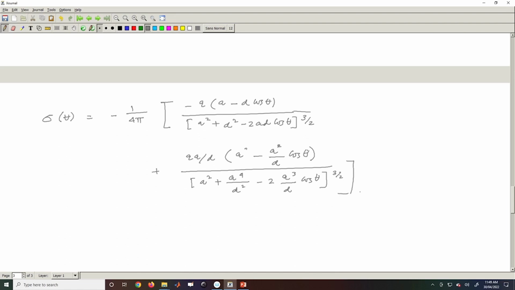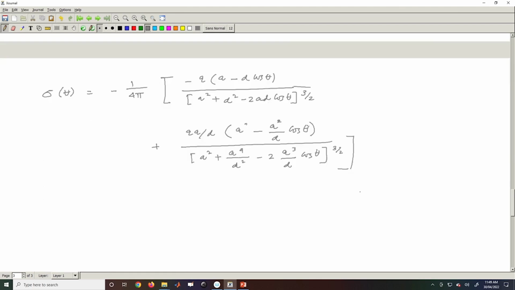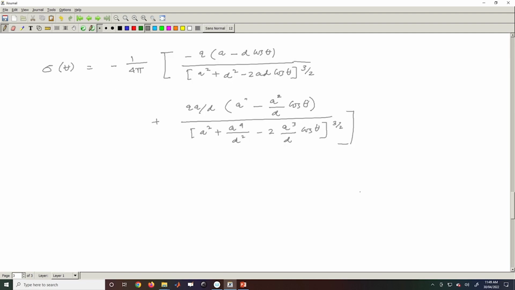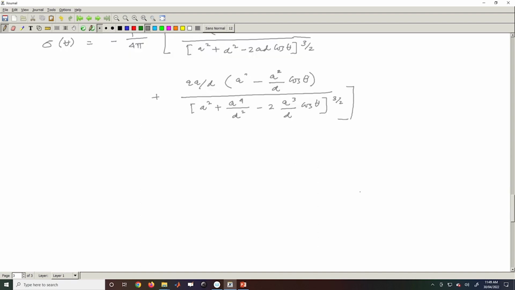Now this next term, q a divided by d multiplied by a minus a square by d cos theta divided by that quantity, let us simplify, because if I am not going to simplify it, then I am not going to do further. So let us do that first.